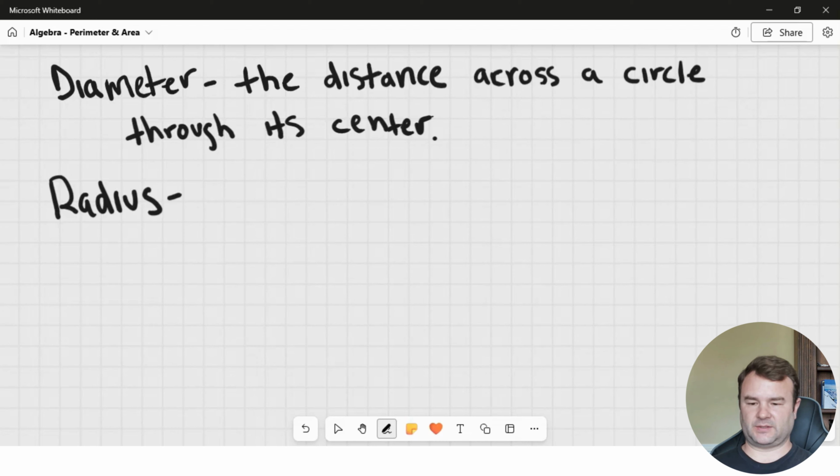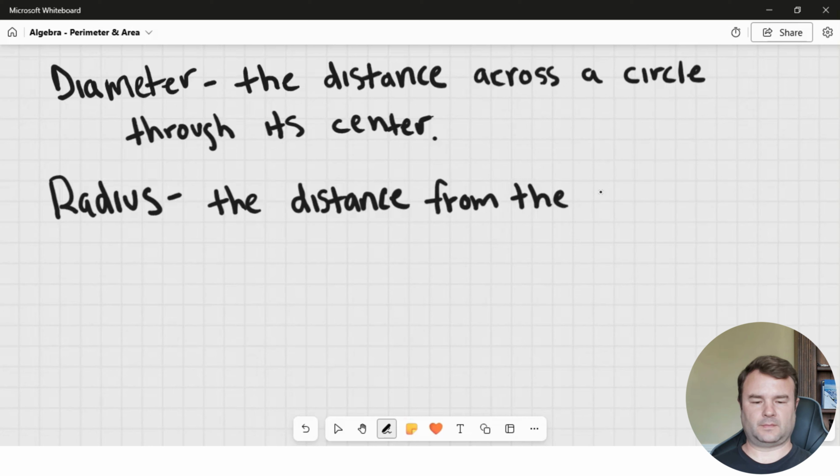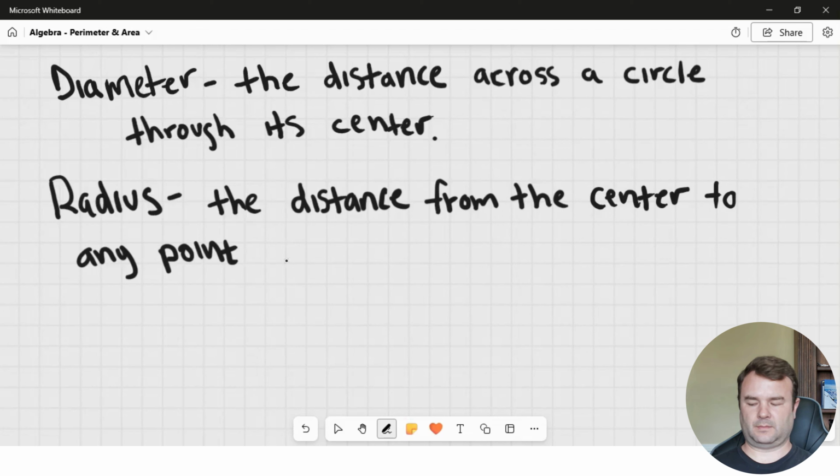So radius is the distance from the center to any point on the outside of a circle.